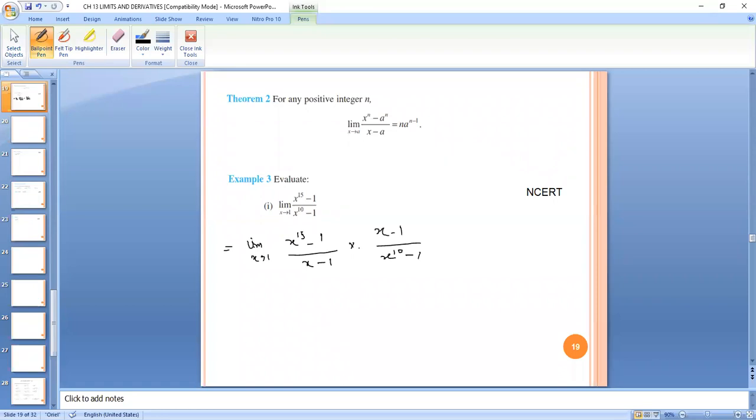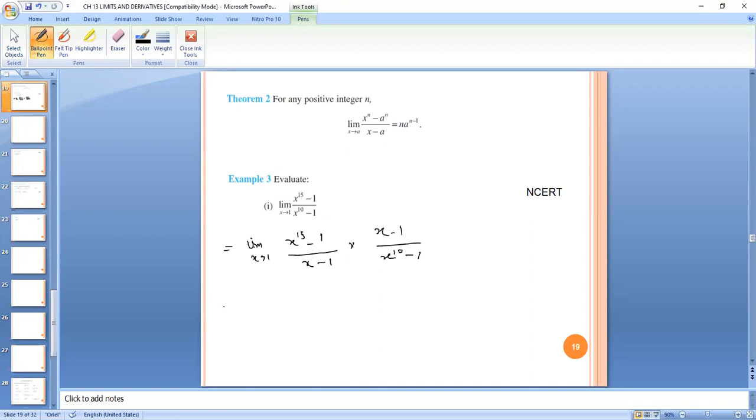Mathematically it doesn't make any difference if we multiply and divide by the same number, right? We have done this to make this formula, so that we could apply this direct result.